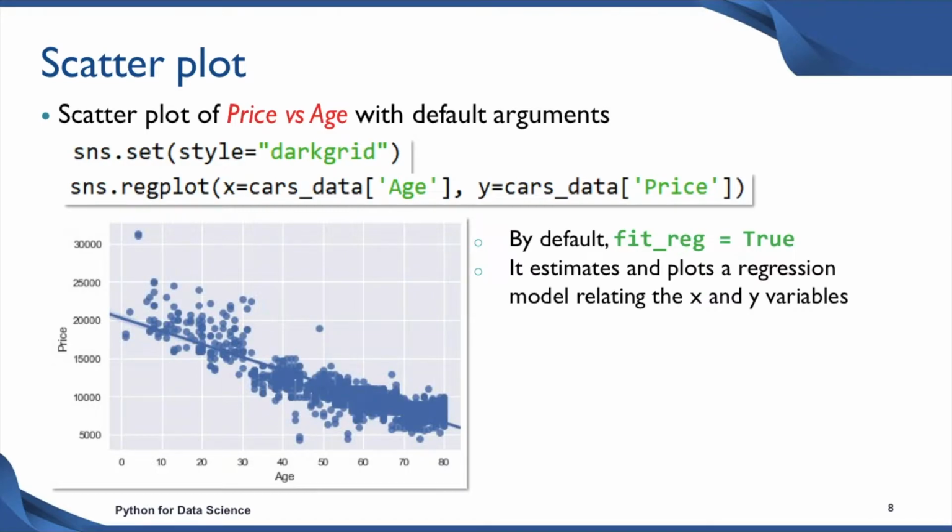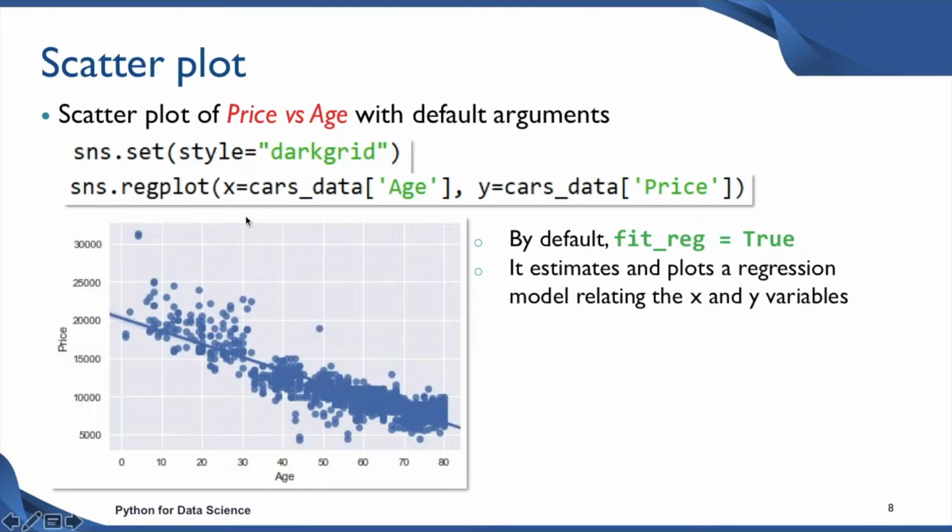Here the basic command is the regression plot, because it gives you the relationship between your two variables, age and price. By default fit_reg, that is the line representing this regression plot, is True, right? If you set it to False, this line will disappear from your graph.